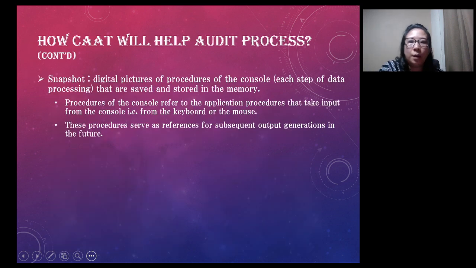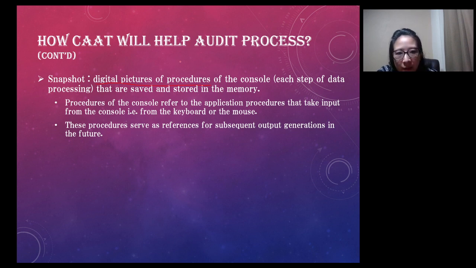And then we also have the snapshot. The snapshot is defined as a digital picture of procedures of the console. It means that, for each step of the data processing, we will do a snapshot, like taking a picture.